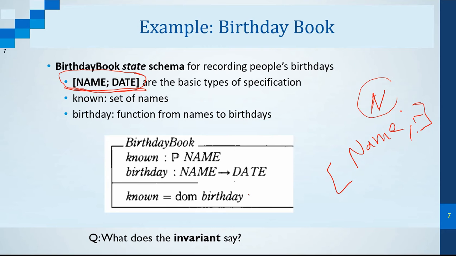So the third line here in the predicate, which is the invariant, because here is the state schema. We have the unknown, we say it is the same. This one, the noun, is the domain of birthday.